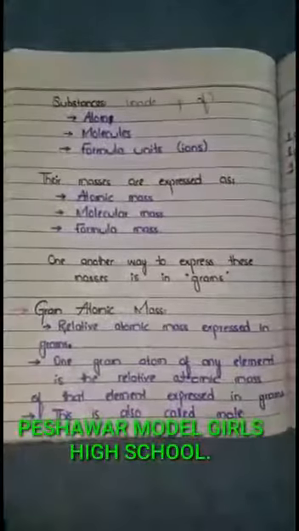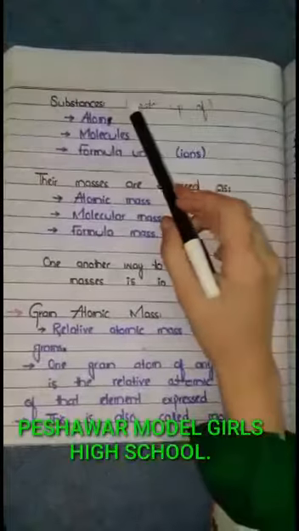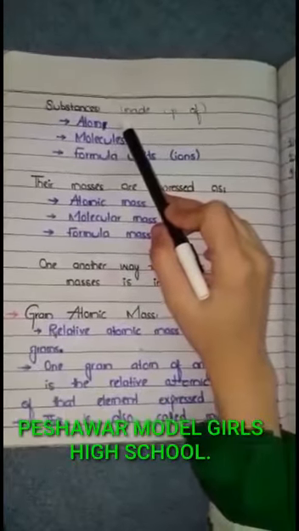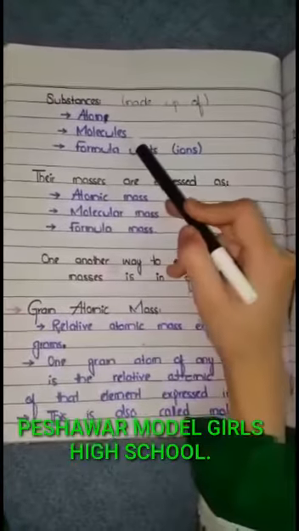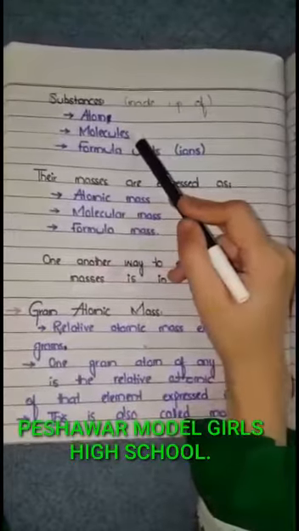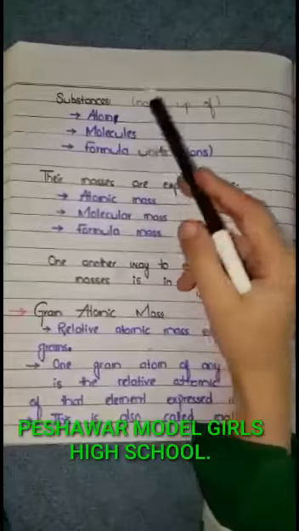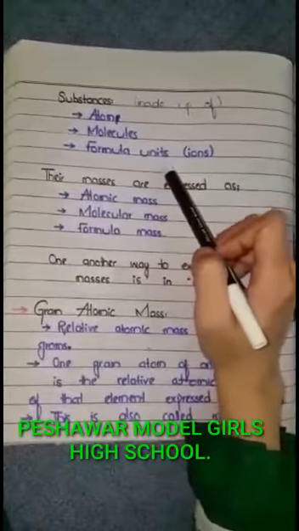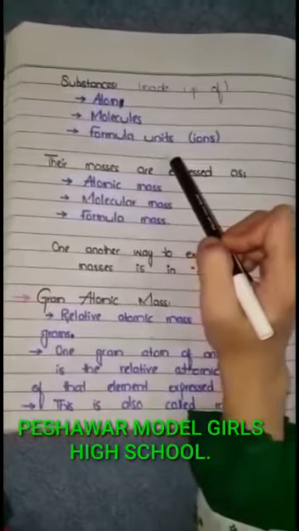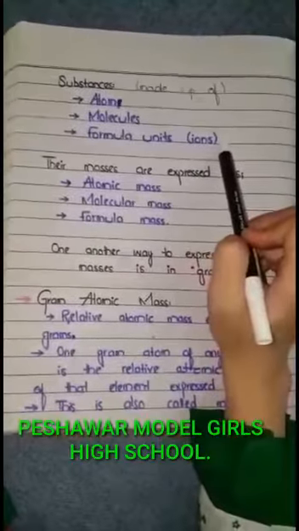And we already knew that the substances are made up of atoms. If it is an element, it is made up of atoms. If it is a molecule, this molecule will be made up of different atoms of elements, while formula units are for ionic compounds, and they are made up of ions.